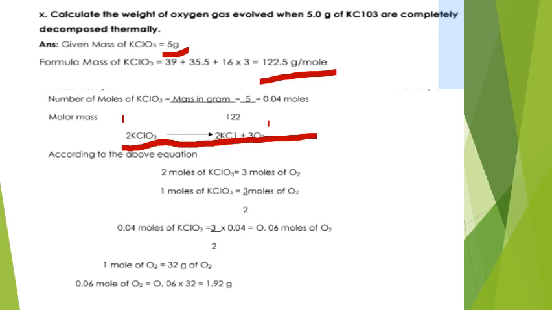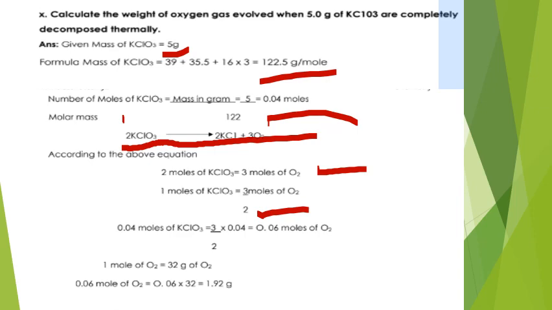Now make a conversion factor according to the balanced chemical equation: 2 moles of KClO3 is equal to 3 moles of O2. The conversion factor is 3 upon 2 moles of O2. The moles we got from the 5 grams, that is 0.04 as calculated above, are multiplied with this value.